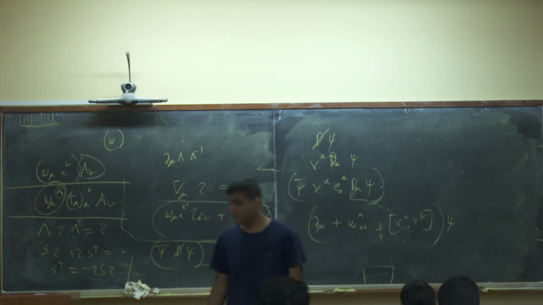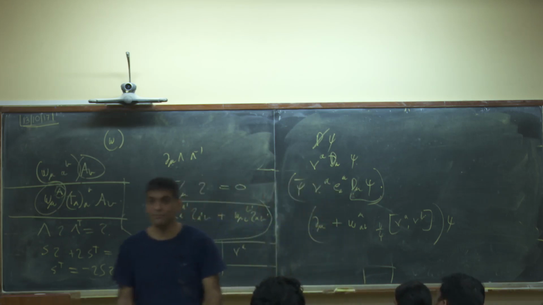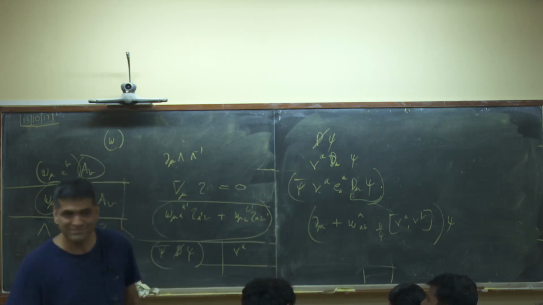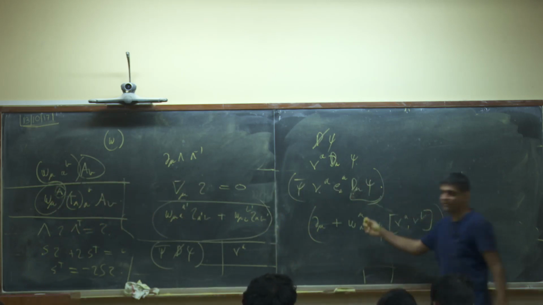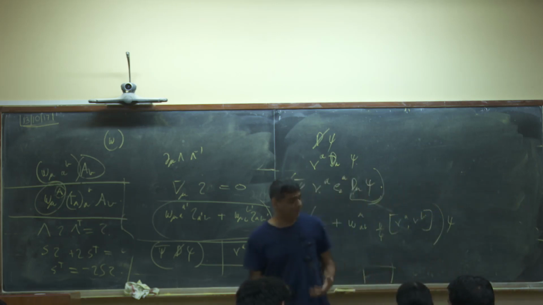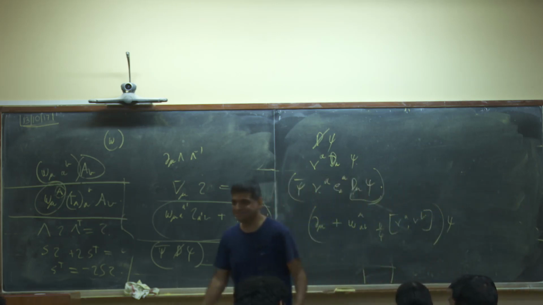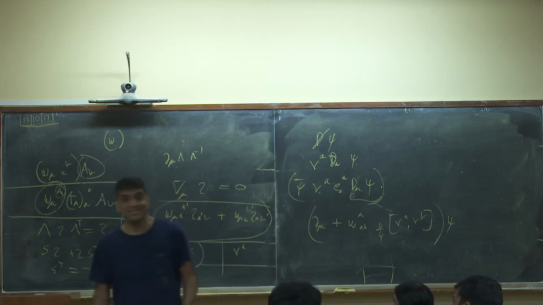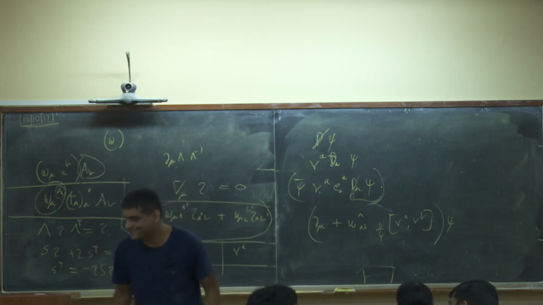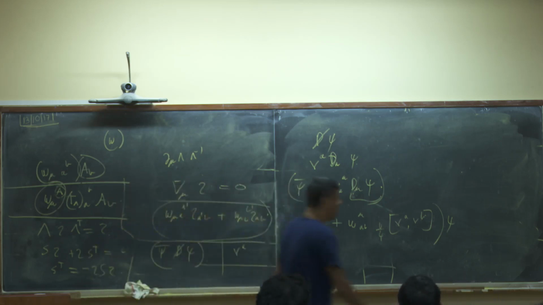But once you have a gauge theory, you like to compute gauge invariant quantities, or at least gauge covariant quantities. We know how to compute the gauge covariant quantities for derivatives. But in a gauge theory, there's a very fundamental gauge covariant quantity, and that is the field strength.